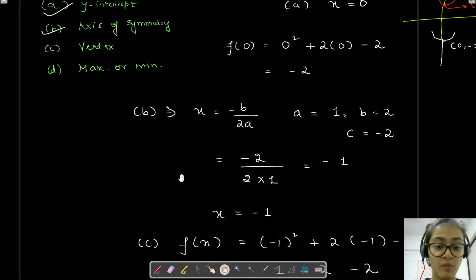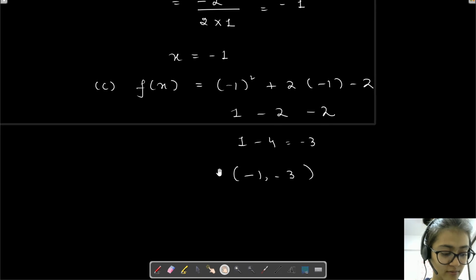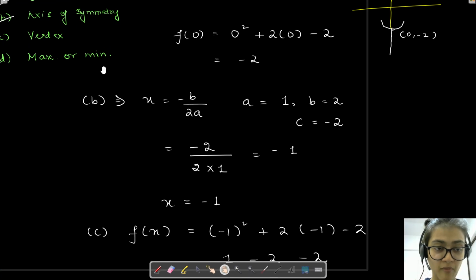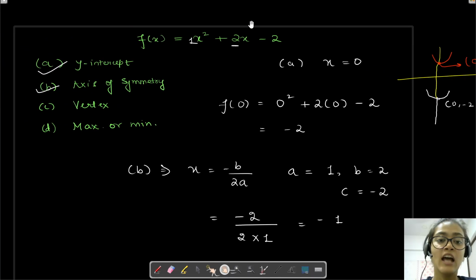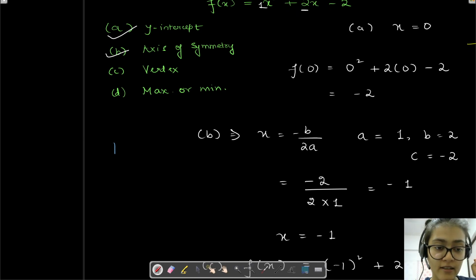Next we have the maximum or minimum value. We don't have to find the minimum value, we just have to find out whether this parabola is going to have a maximum value or a minimum value. Now the thing is, if your parabola is upward opening, then it will have a minimum value.